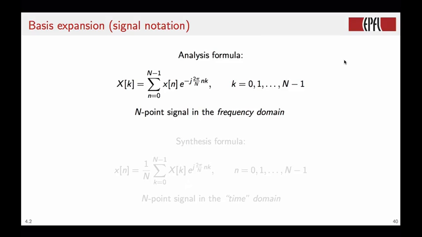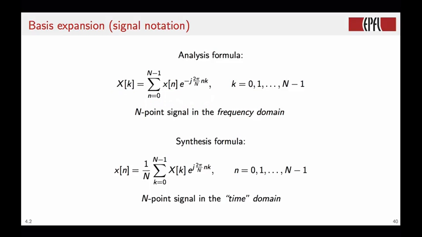So here the frequency domain signal that we obtain after the transformation is the sum for small n that goes from 0 to big N minus 1 of each element of the signal vector times e to the minus j 2 pi over big N times nk. So what we're performing here is the inner product in an explicit fashion. We move from an n-point signal in the time domain to an n-point signal in the frequency domain.